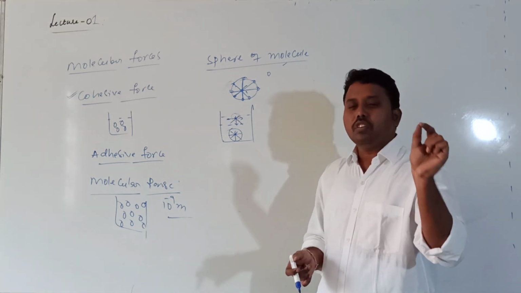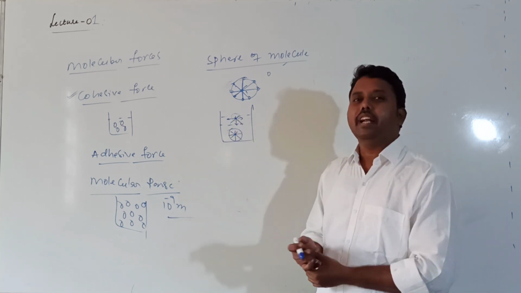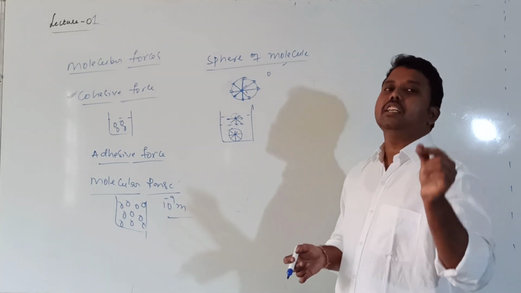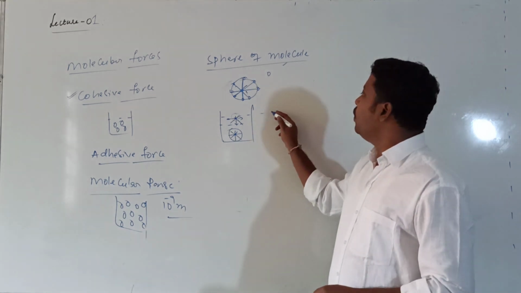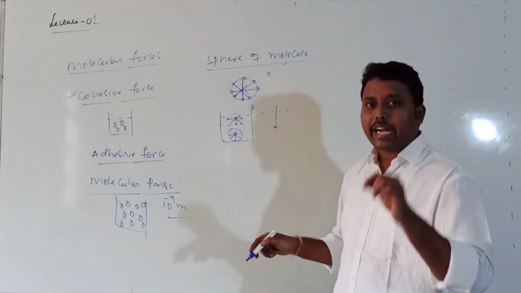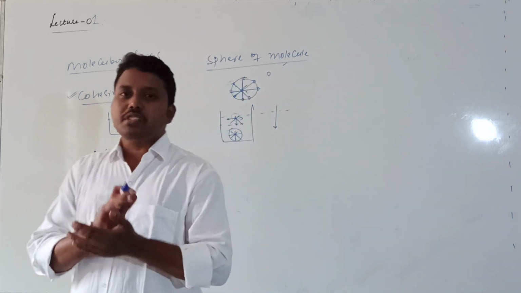Due to that downward force, the free surface of the liquid acts like an elastic membrane. In order to measure that force, we imagine an imaginary line. How much force acts per unit length on this imaginary line is defined as surface tension.